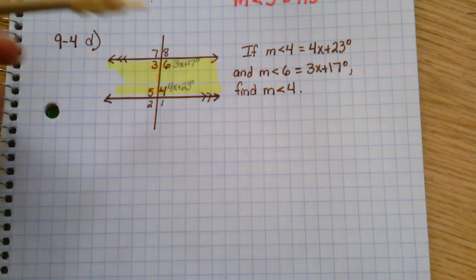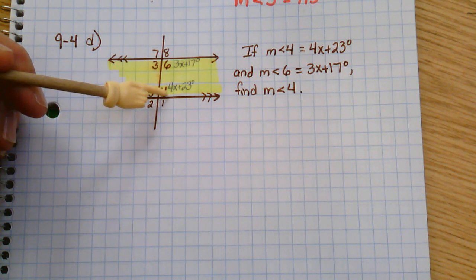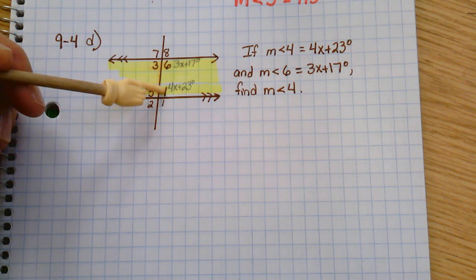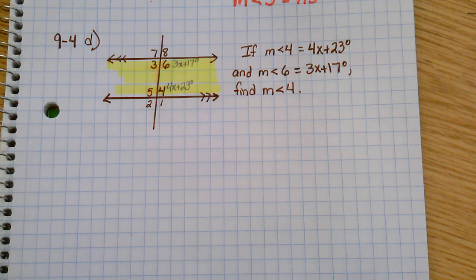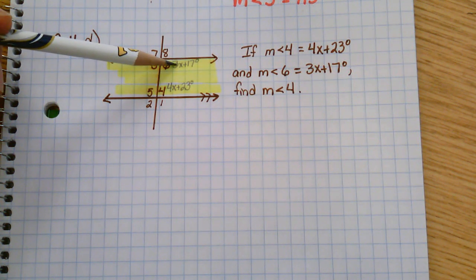And I also notice that both of them are on the right side of the transversal. That means angle 4 and 6 are same side interior angles. And we learned earlier in our notes that same side interior angles have a sum of 180 degrees. Or, in other words, if I added this one plus this one, it will have a sum of 180.